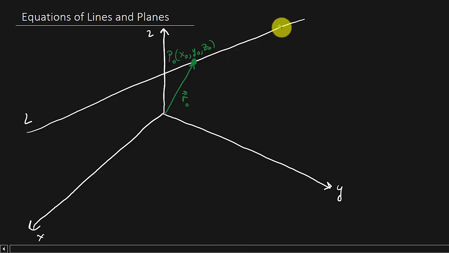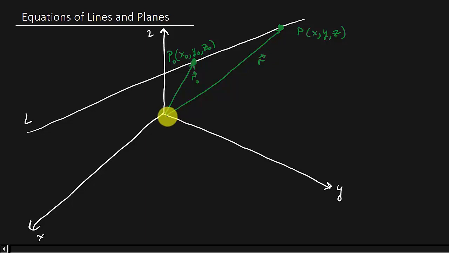And then we have another point here. We'll call this point P, which is X, Y, Z. Let me move this up a little bit. All right, so we'll call this vector here R.